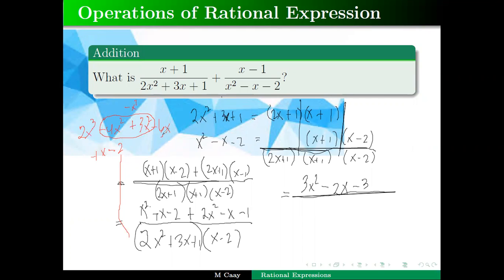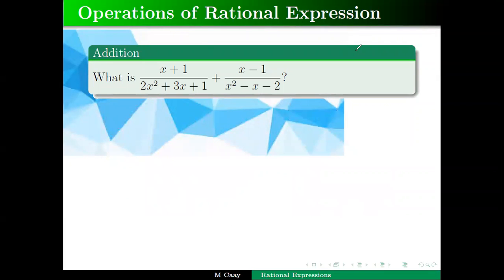I can add this and this, so I'll have negative 5x. So what my final answer on the denominator will be is 2x cubed minus x squared minus 5x minus 2. So this will now be my final answer. Okay, great.